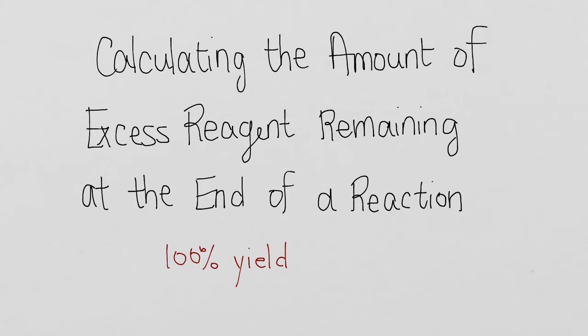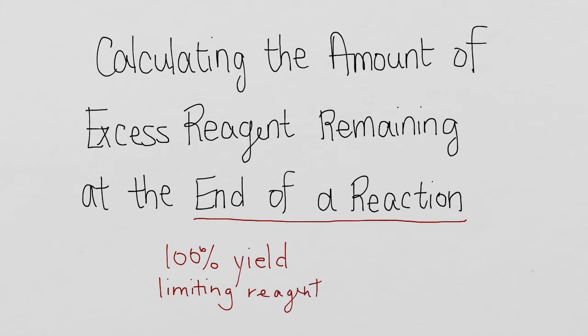And if we say the end of a reaction, by that we mean the point where your limiting reagent runs out. So we'll define the end of a reaction as when your limiting reagent runs out, assuming 100% yield.